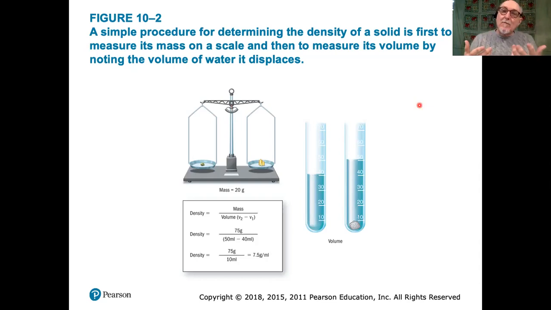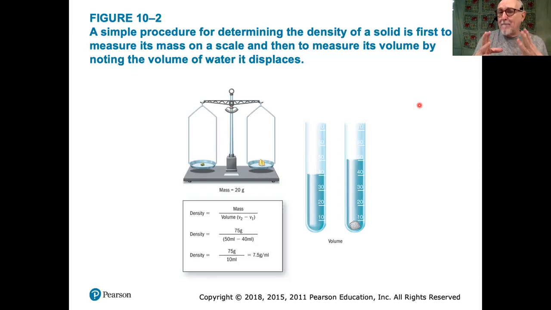Now, an easy way for us to measure mass is to weigh something. Strictly speaking, if you talk to a physicist, they'll say weight does not equal mass. No, it doesn't. But for all our practical purposes, weighing something gives us an indication of its mass.